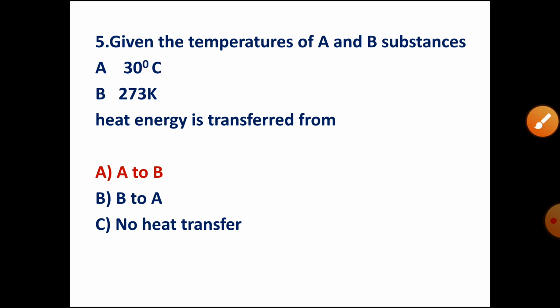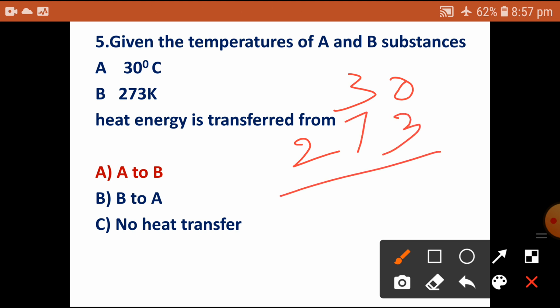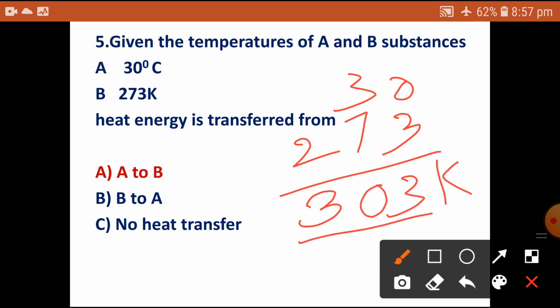We have to convert A, 30 degrees, to Kelvin scale. So I am adding 30 plus 273, 303 Kelvin. First of all, you have to convert. This is 303 Kelvin, this is 273 Kelvin.